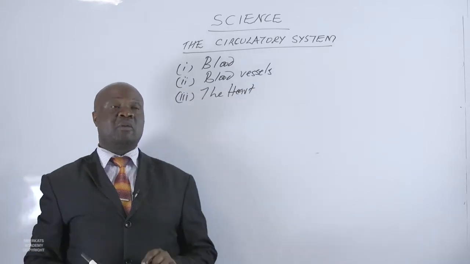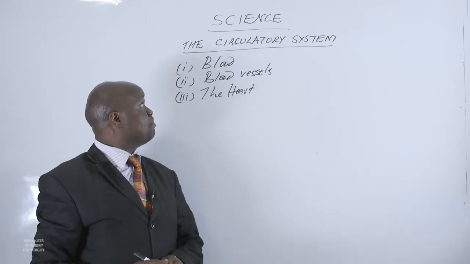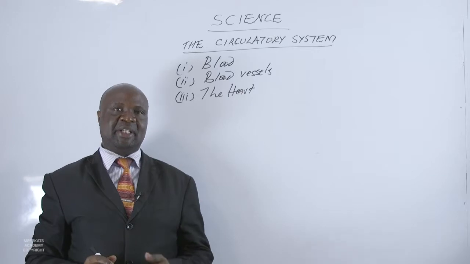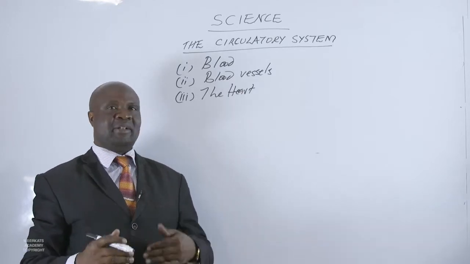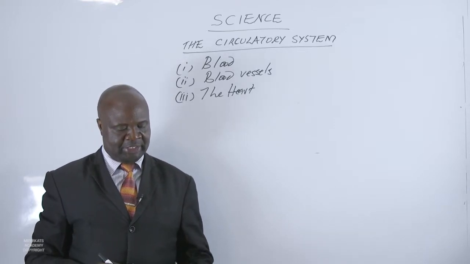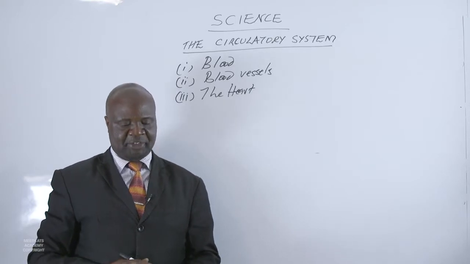When we cover the circulatory system, we are going to cover the blood in detail, blood vessels in detail, and then we shall finish with the heart. So we can say: blood components and functions.